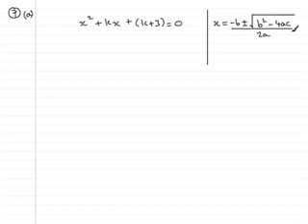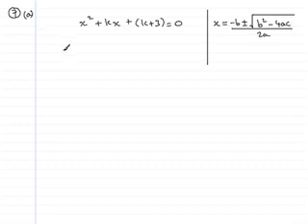Now we're going to have different roots for this particular question. So that would mean that this quantity that we're square rooting has to be greater than 0, because if you square root anything greater than 0, you'll always get 2 answers. So it relies on the fact that b squared minus 4ac is a positive number.